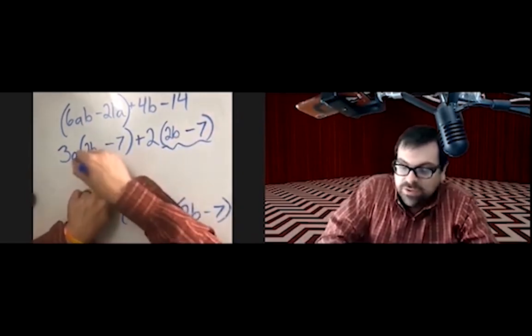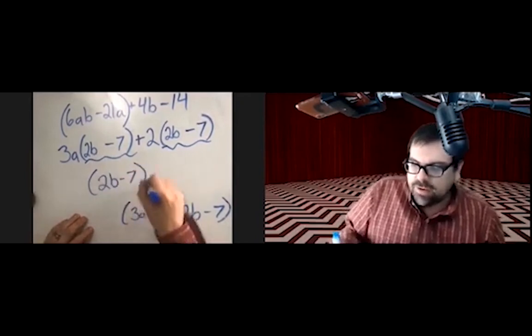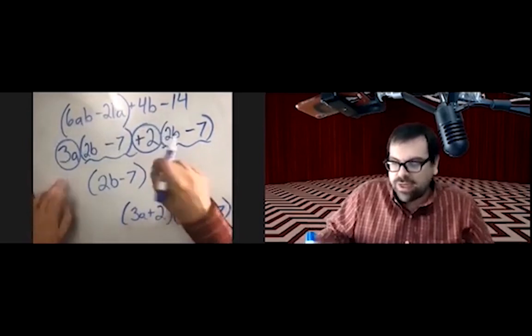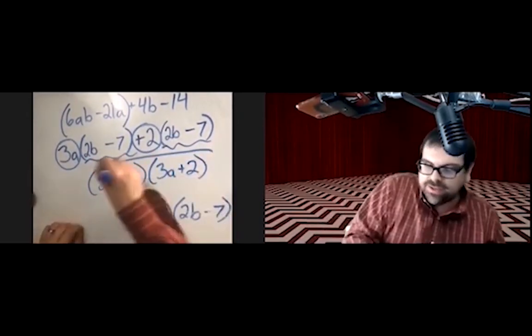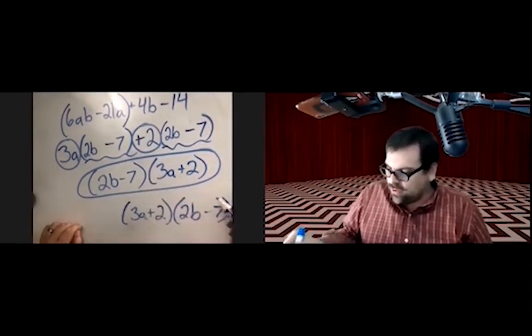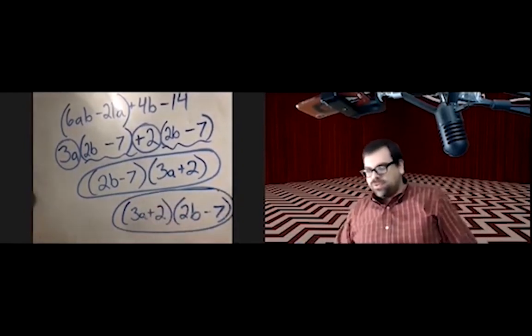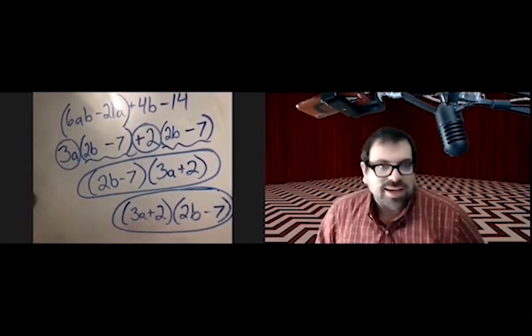What are we factoring out? That greatest common factor of 2b minus 7. What are we left with? Our leftover piece of 3a plus 2. And that's our answer. And like I said, we can switch the order of these two things and get 3a plus 2 times 2b minus 7. Got the answer we wanted.